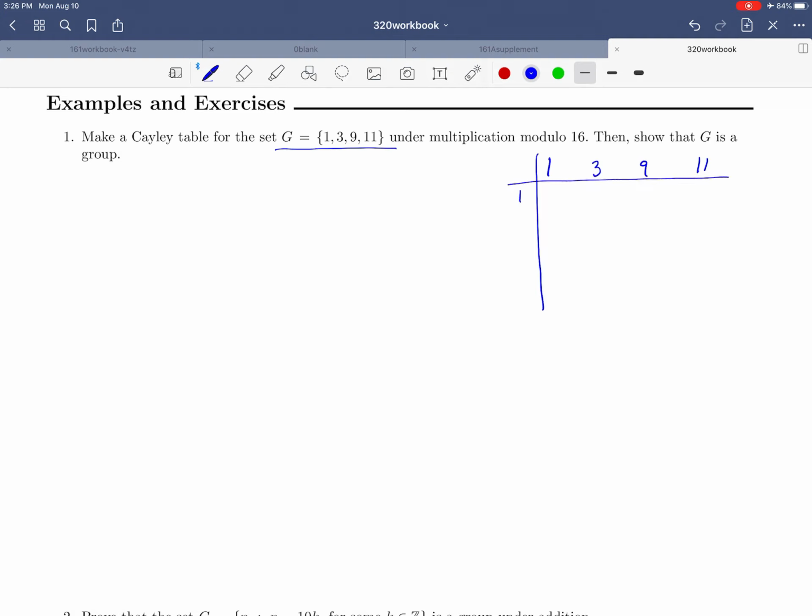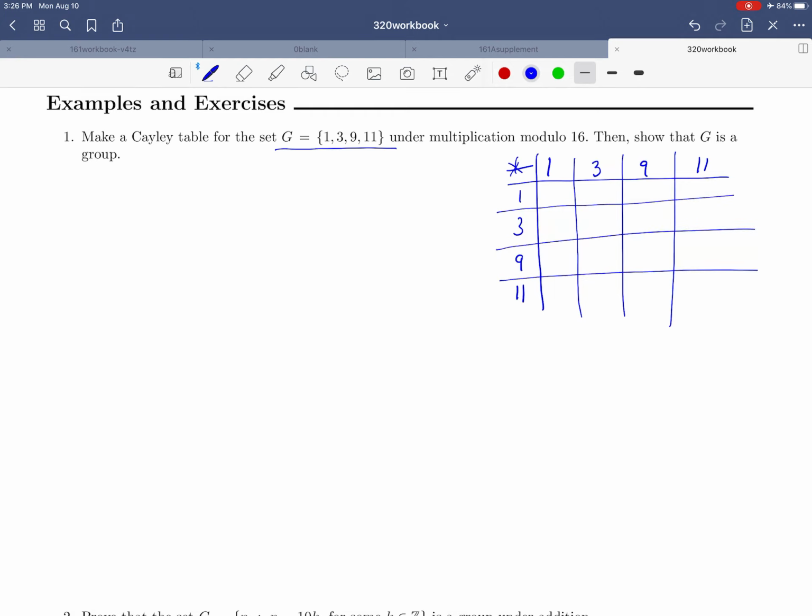And across the side, we have 1, 3, 9, 11. And our operation is multiplication mod 16, so I'm just going to write that as a star right here. And so we need to figure out what are the results when we multiply all our numbers together mod 16.